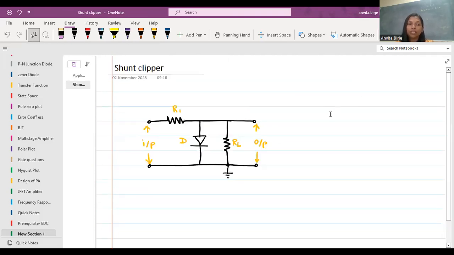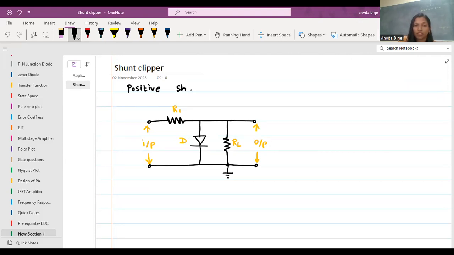We start with the first circuit, that is the positive shunt clipper. Now in this we can see the diode D is connected in parallel with the load resistor RL. So it is the shunt combination, parallel combination. Now we'll see how we will get the output.